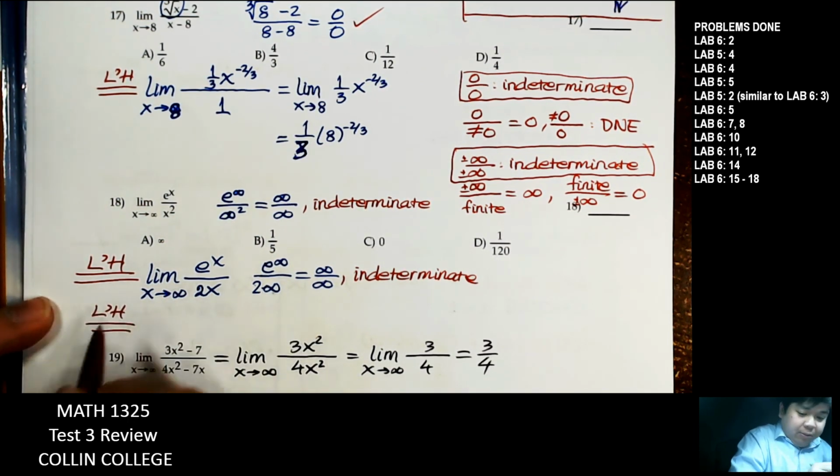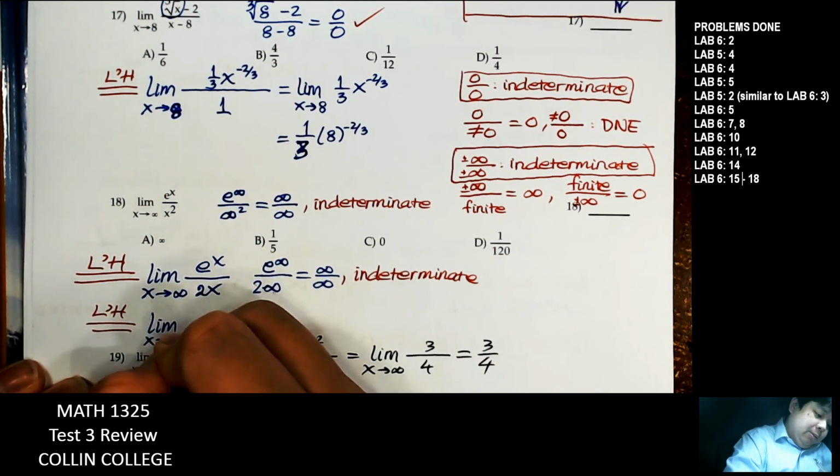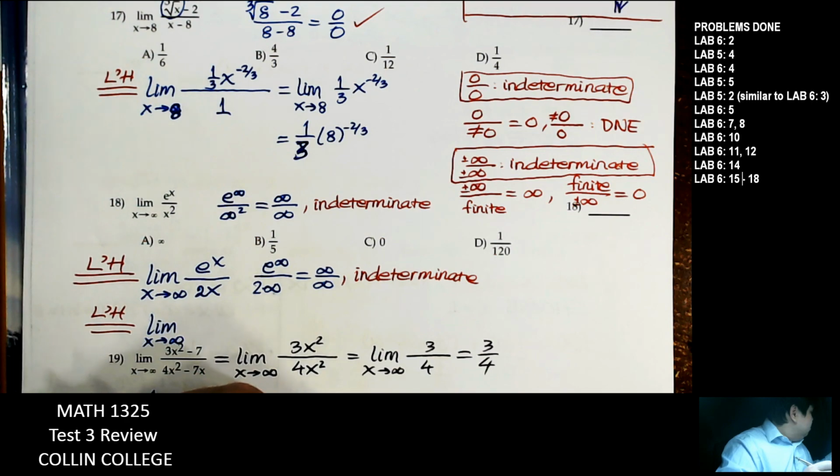The derivative of e to the x is e to the x. The derivative of x squared is 2x. Do the same thing, put in infinity.